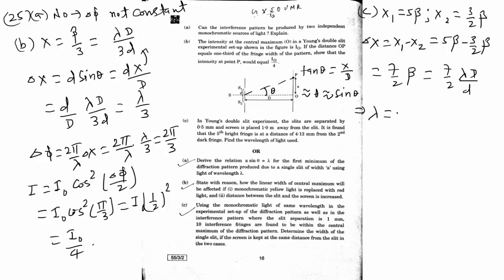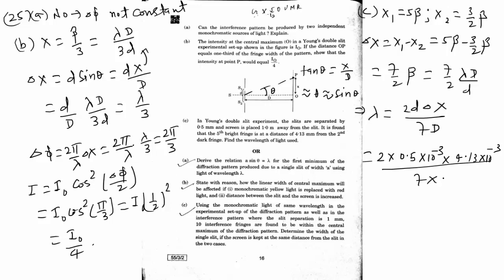Therefore, lambda is equal to 2d delta x upon 7 capital D. Putting the values, we get 2 into 0.5 mm, that is 10 to the power minus 3 meter, delta x is 4.13 mm, that is 4.13 into 10 to the power minus 3 meter, on 7 into D, which is 1 meter.